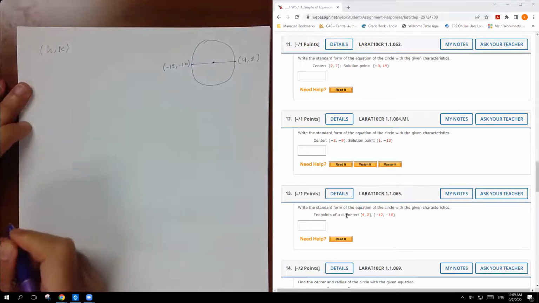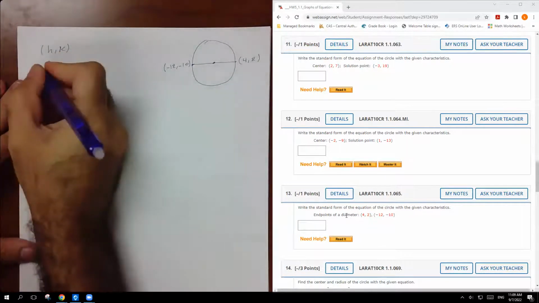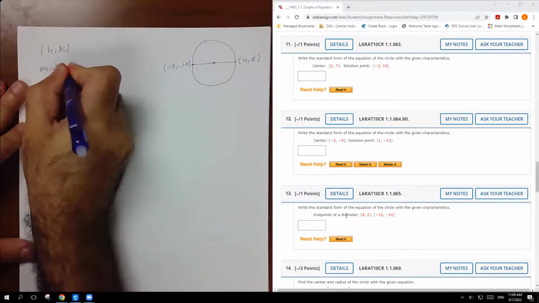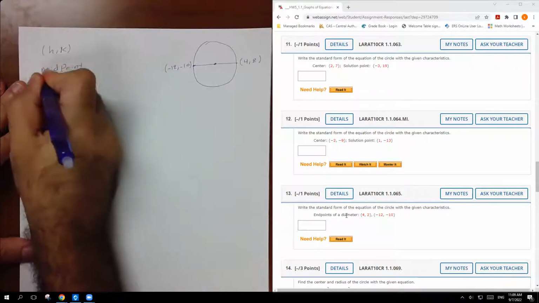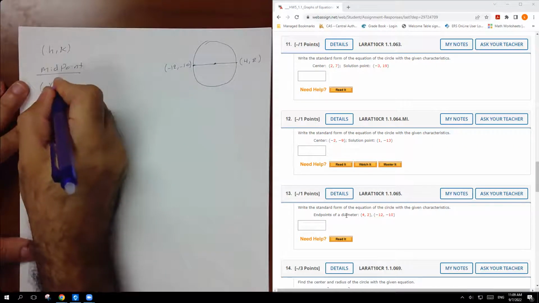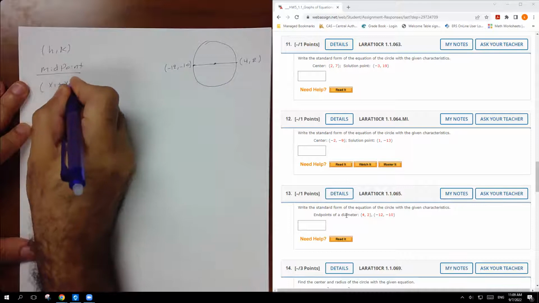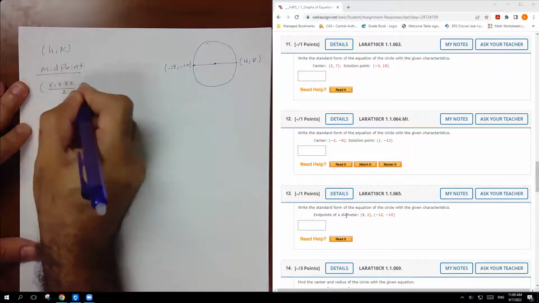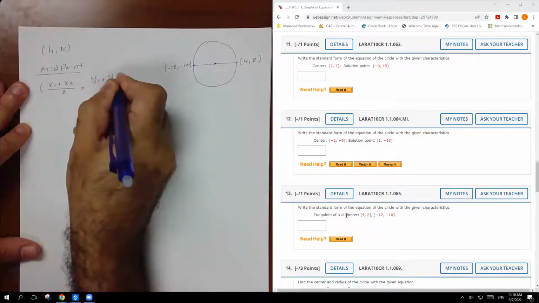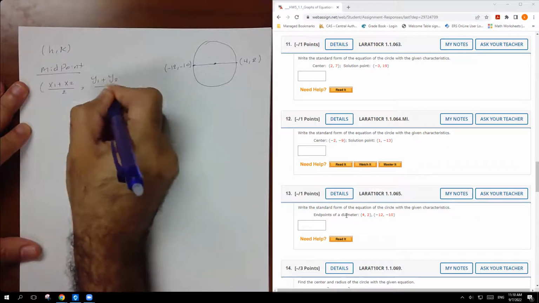How are we going to find the center? We're going to use the midpoint formula, which gives the center between these two points. It's going to be (x1 plus x2) over 2 and (y1 plus y2) over 2.